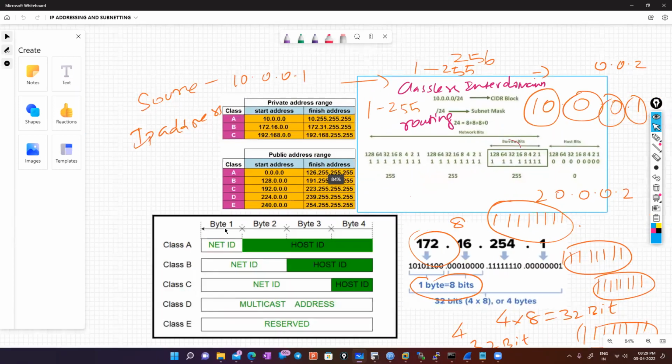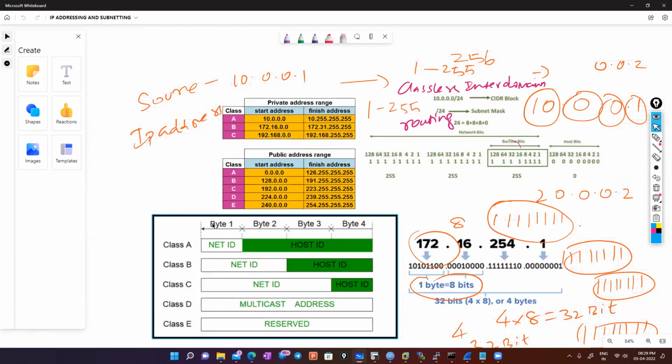Can you see this? This is Class A. The network ID, they separated the address into 4 segments. The first segment is the network ID that's occupied, so 8 bits are occupied. The remaining you have is 2 to the power of 24 minus 2. But here it's 2 power 16 minus 2, and here 2 power 8 minus 2.